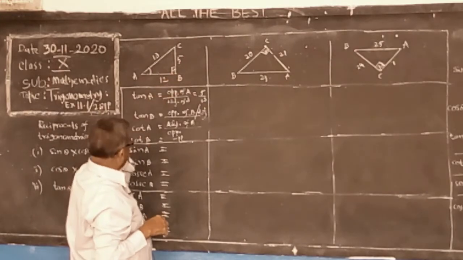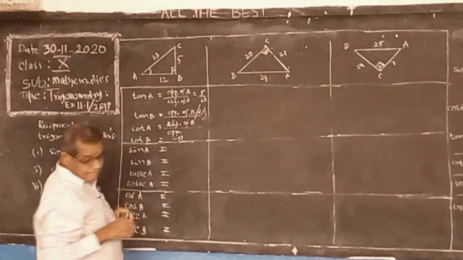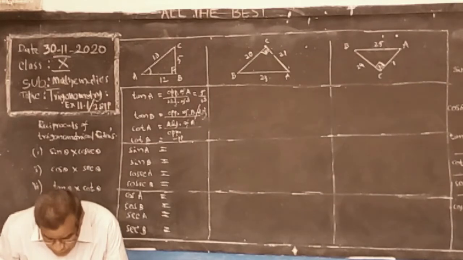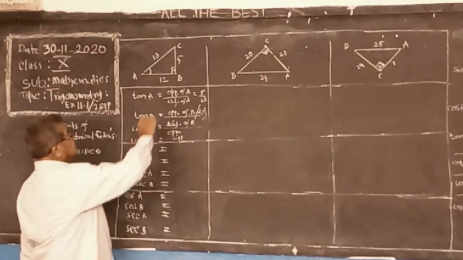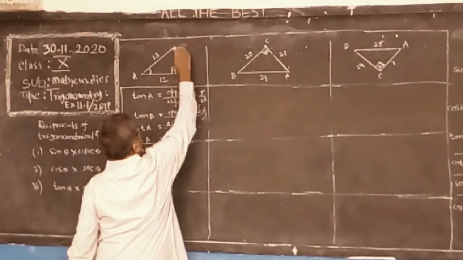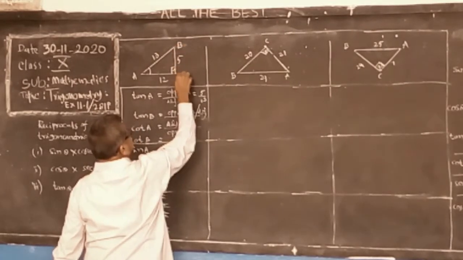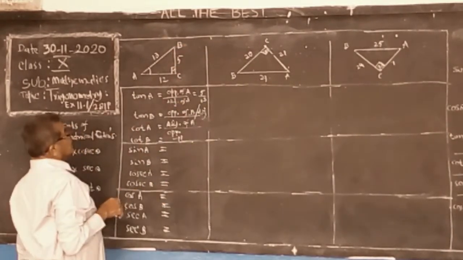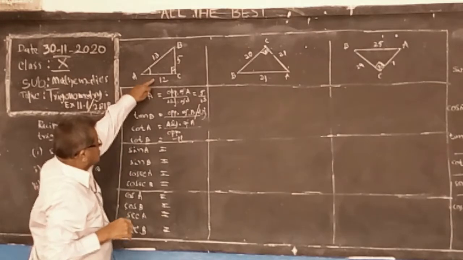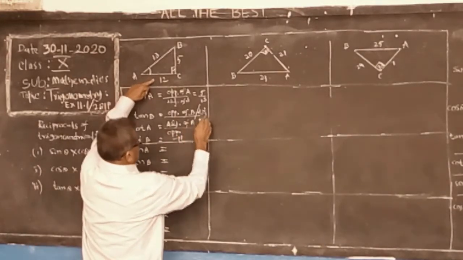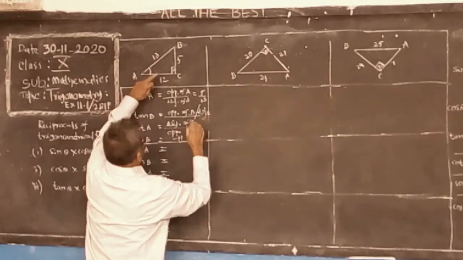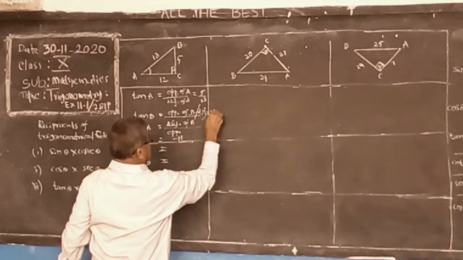B's opposite side becomes 12, by adjacent side 5, so 12 by 5.